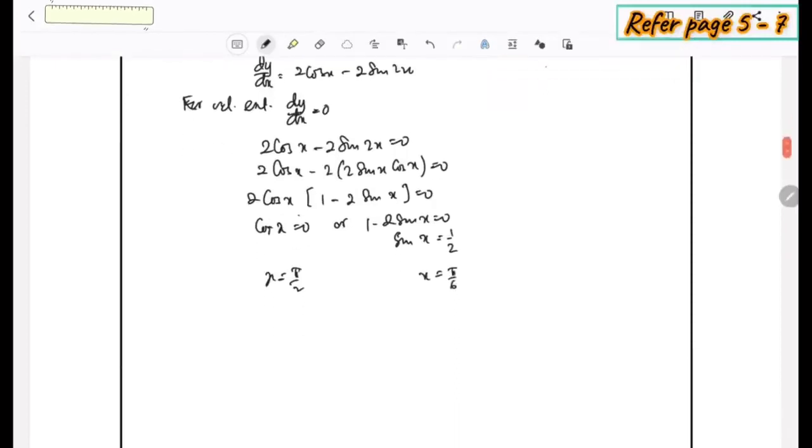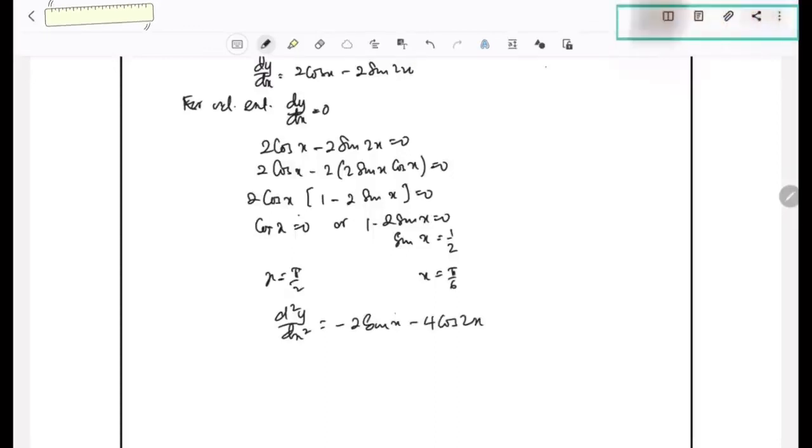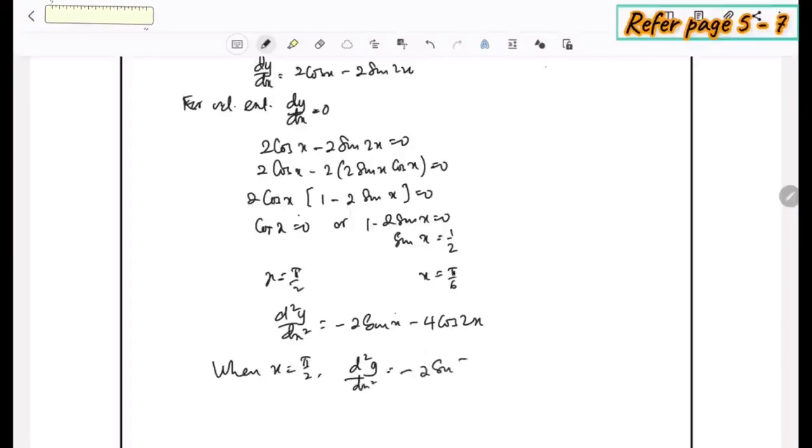Let's get the second order derivative. So d squared y over dx squared will be negative 2 sine x minus 4 cos of 2x. Substitute when x equal to pi over 2: negative 2 sine of pi over 2 minus 4 cos of 2 times pi over 2. So we end up with 2, which is greater than 0.